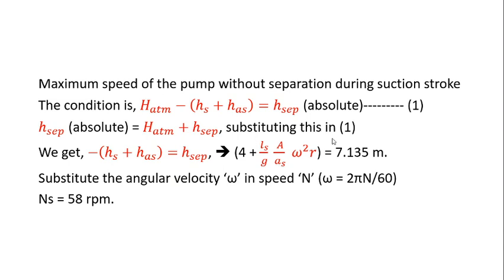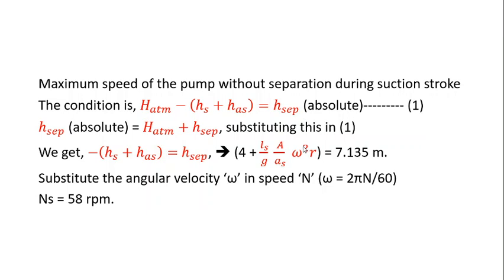Now we have to find the maximum speed of the pump without separation during suction and during delivery stroke, and then we will select the least speed among these two values. Okay, otherwise it will not work properly.